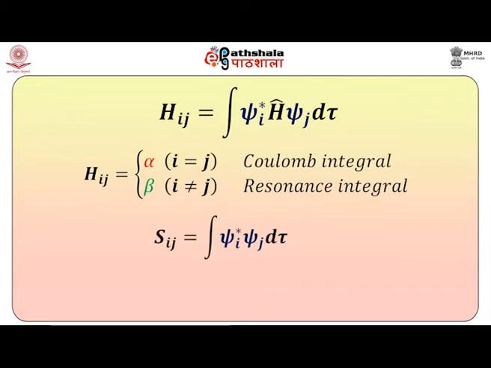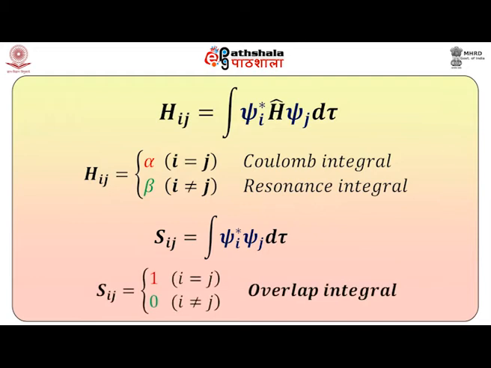Similarly, S_ij is represented by the integral ψ_i star ψ_j dτ. Now S_ij is equal to 1 if i is equal to j, and S_ij is equal to 0 if i is not equal to j. So this is basically the corresponding overlap integral.